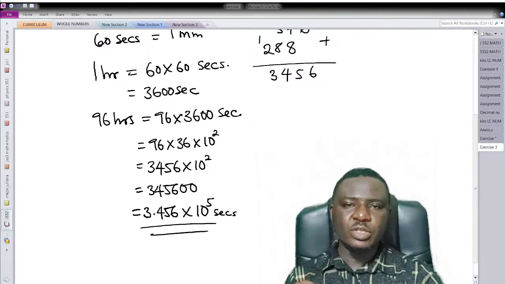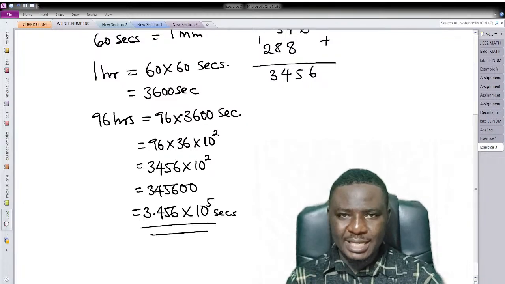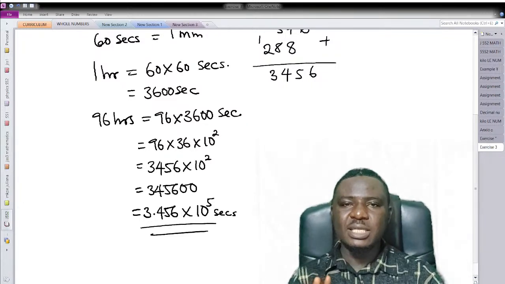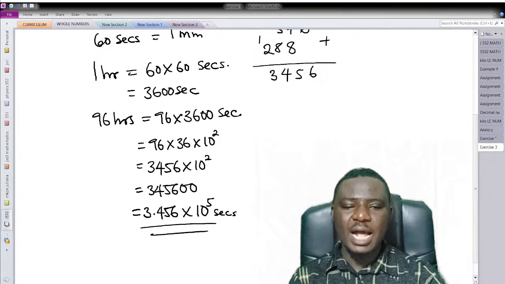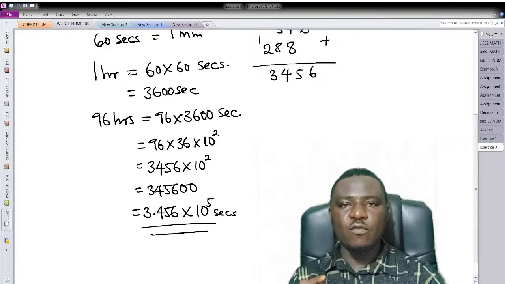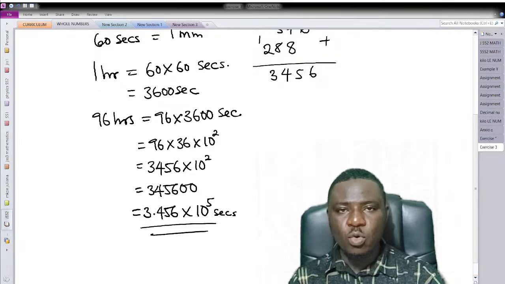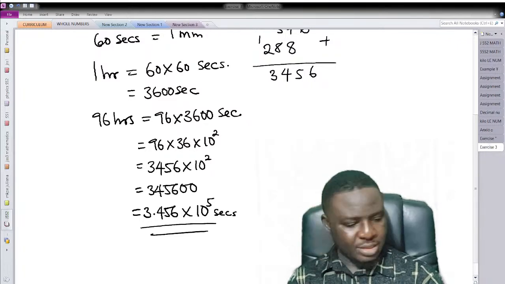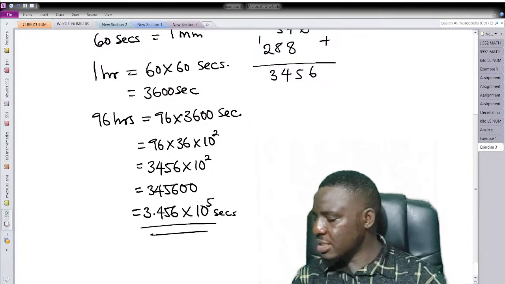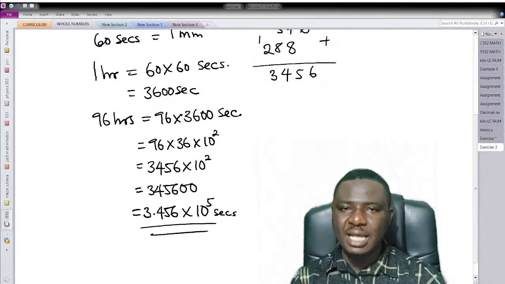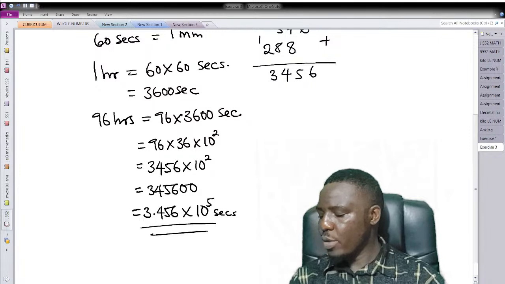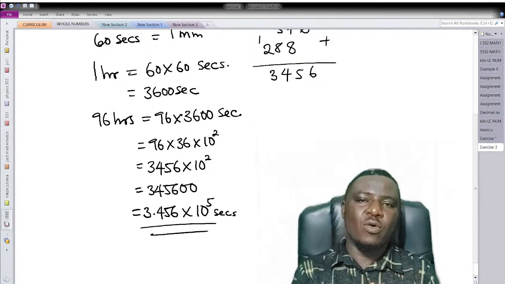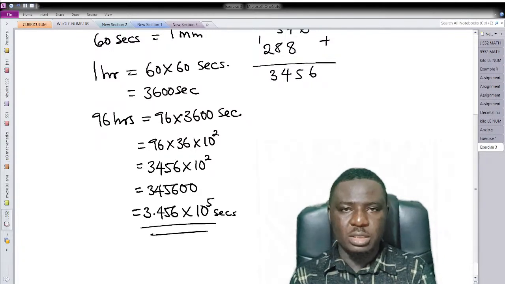Okay, that brings us to the end of today's class. In today's class, we have been able to look at conversion of whole numbers or expressing whole numbers in standard form. In our next class, we shall then look at decimal numbers in standard forms, numbers that are less than 1.